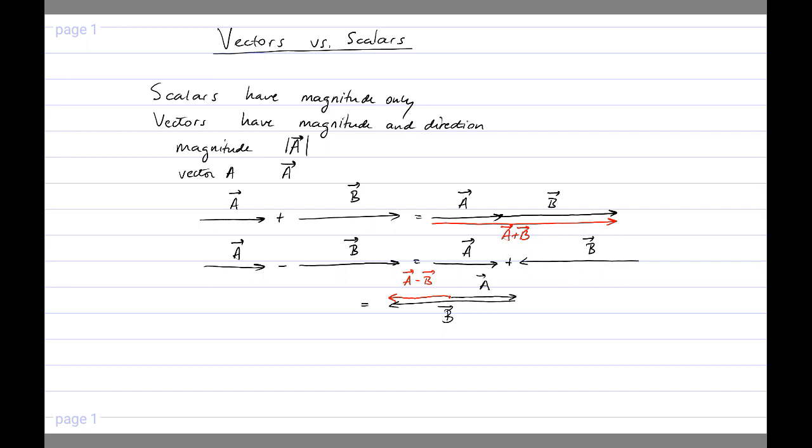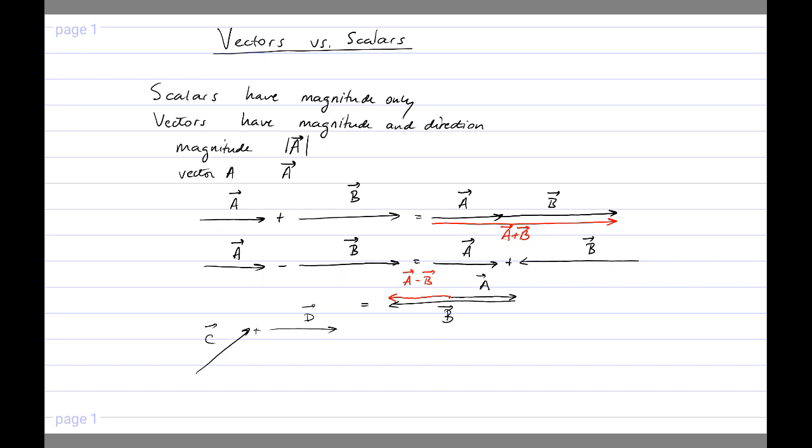Now, if we have vectors that are not in one dimension, not along the same axis, so let's say we have vector C going this way, and we have vector D going that way. And if we want to add them, then we can still use the tip to tail method.